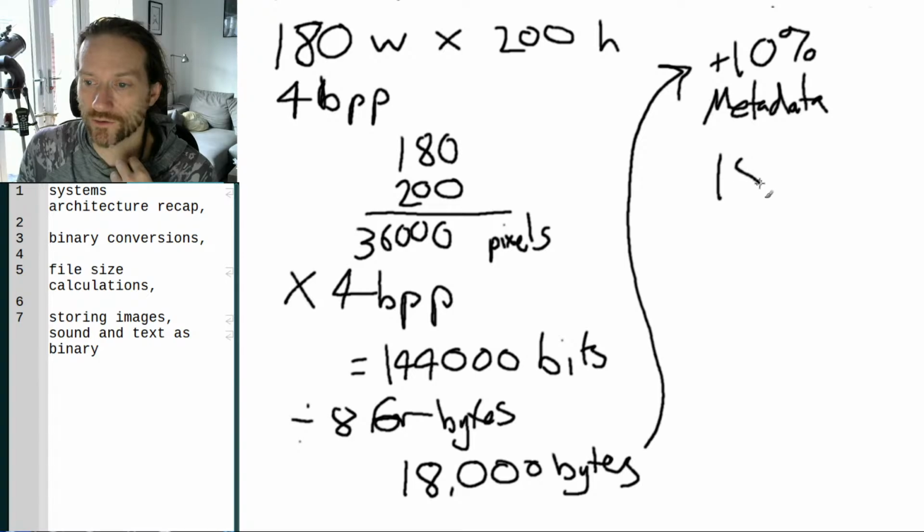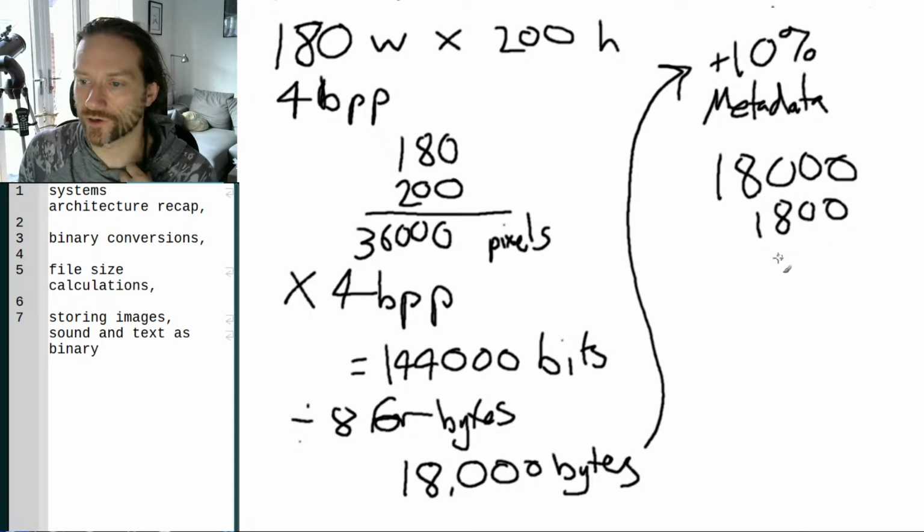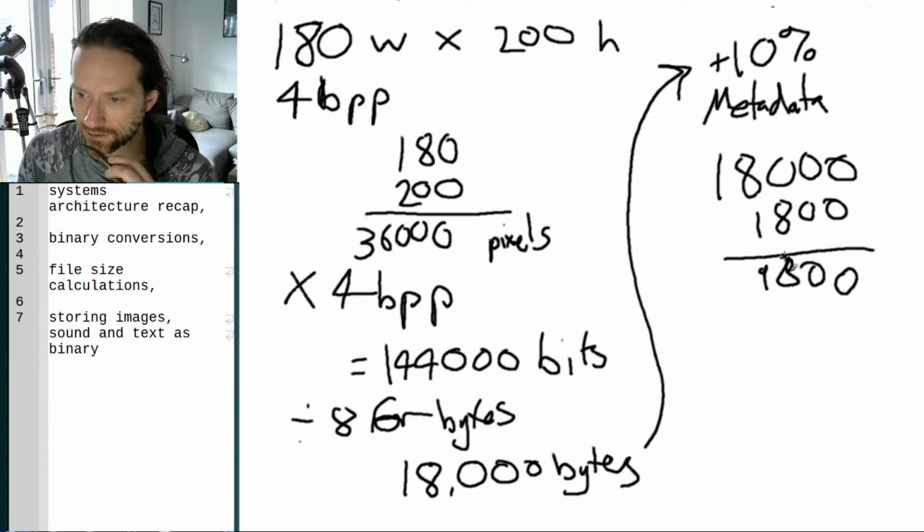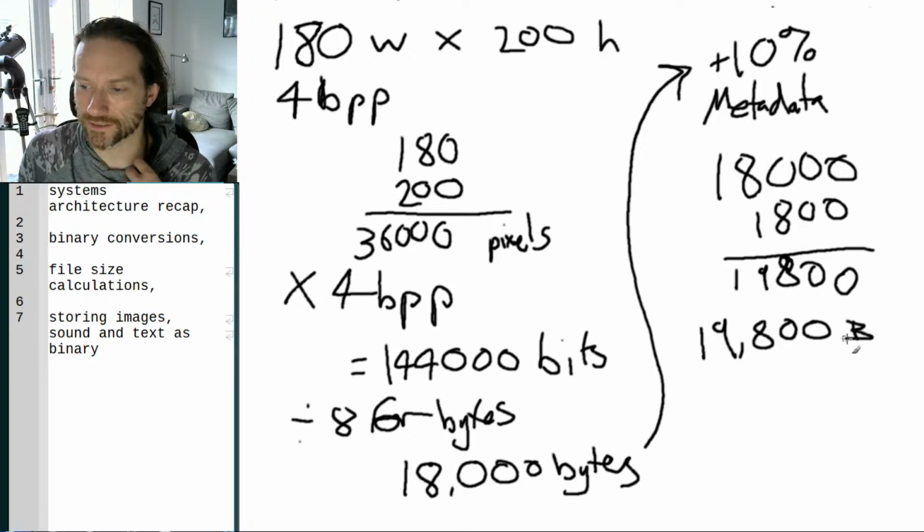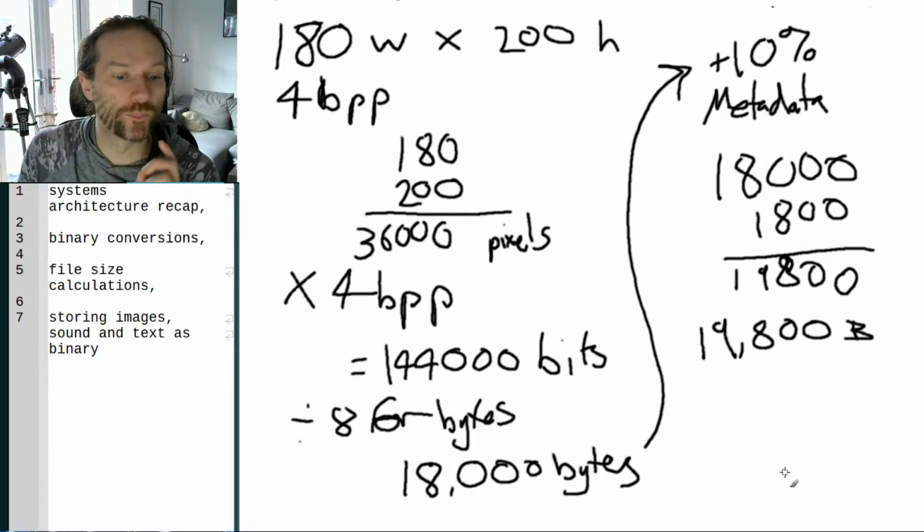So we're just going to do 18,000 plus 1,800, and we end up with 19,800 bytes.